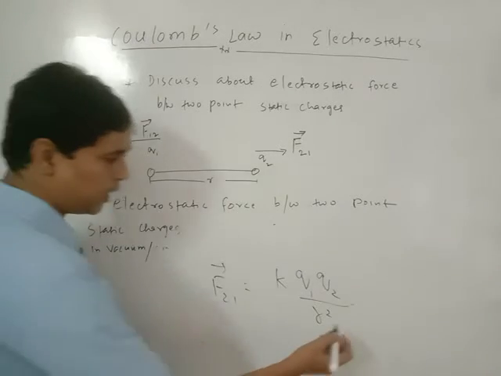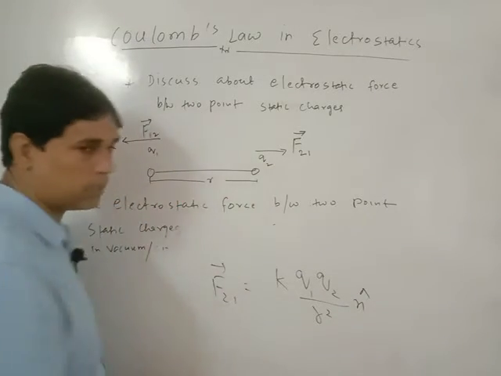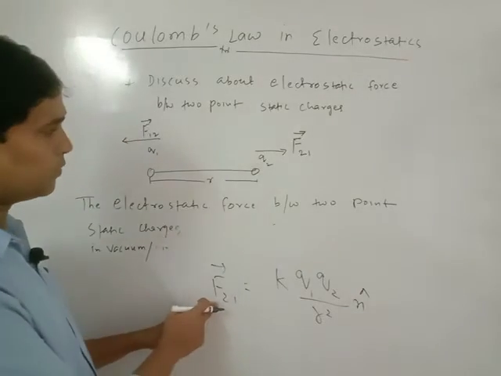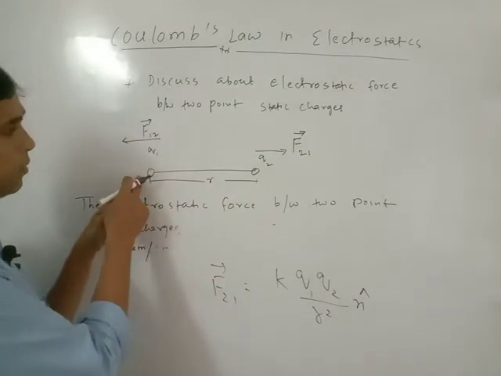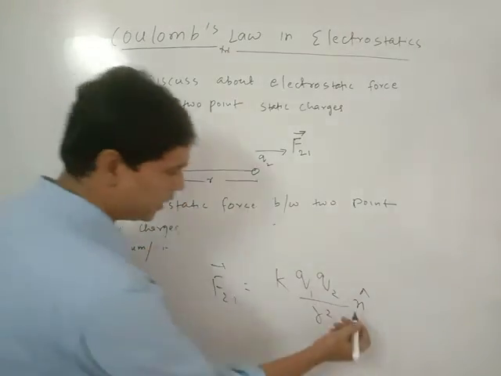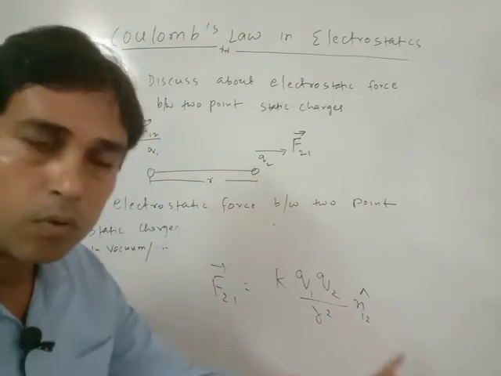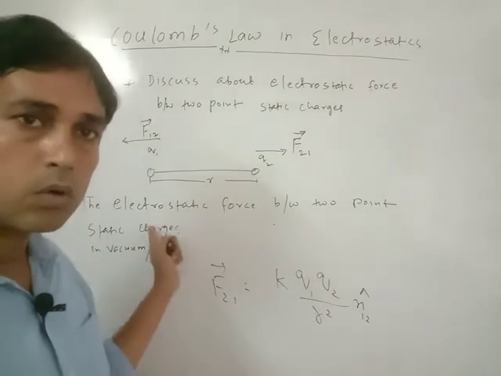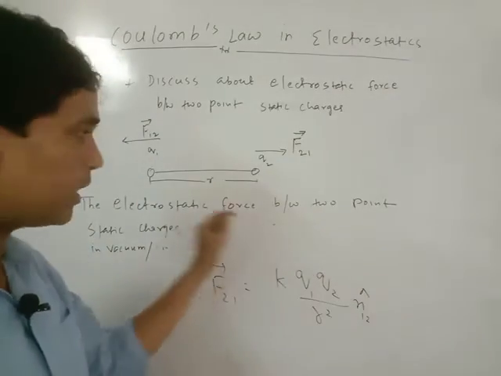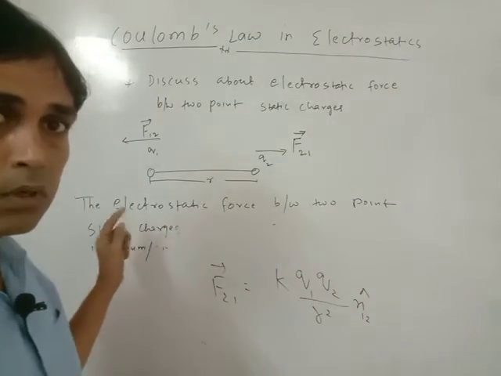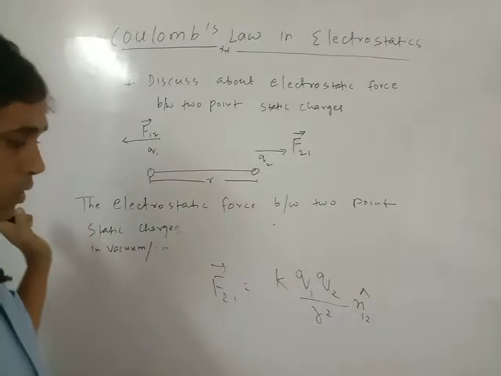Now put a unit vector which gives the direction of the electrostatic force, directed from Q1 to Q2. So we can write it as n cap 12, directed from Q1 to Q2.